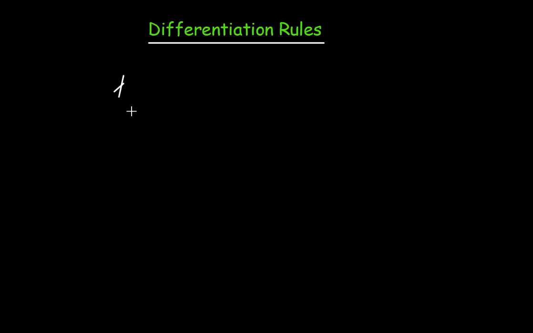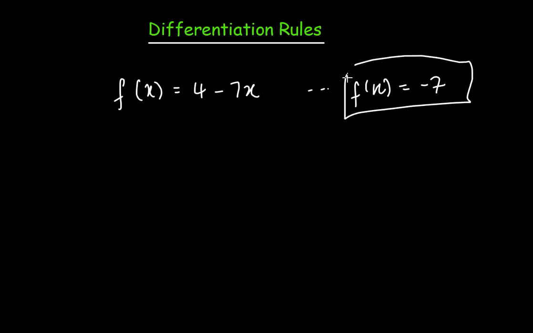Remember that we had f at x equal to 4 minus 7x. And the answer to this, when you are using first principles, you found that the derivative of f was equal to -7. This was the derivative from first principles.